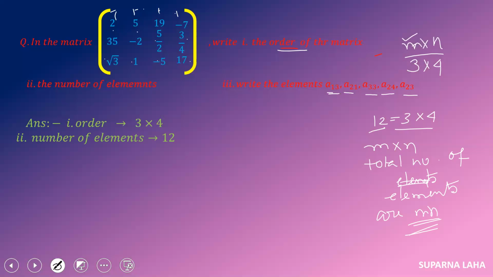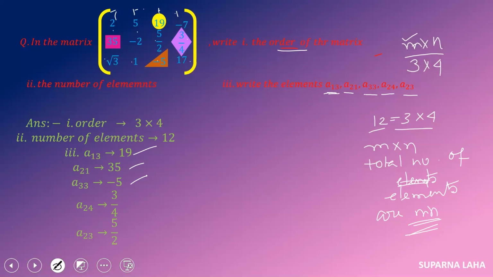Now let's check these elements. First element A13, that means first row, third column. Here it is 19. Second row, first column, that means 35. Third row, third column. So moving to third row and third column, this is -5.